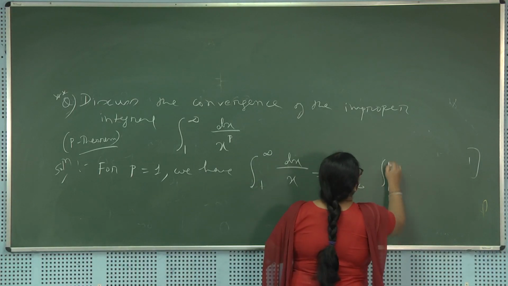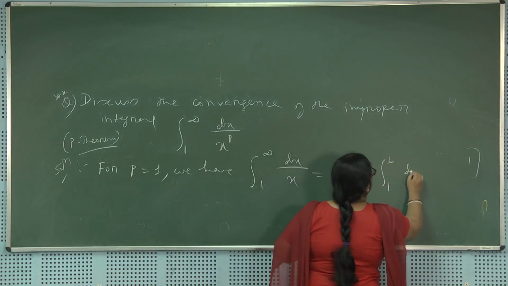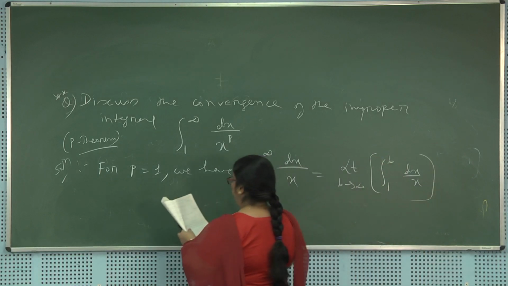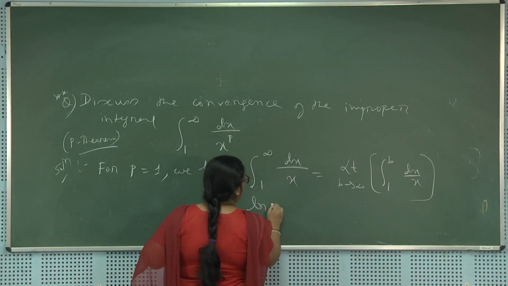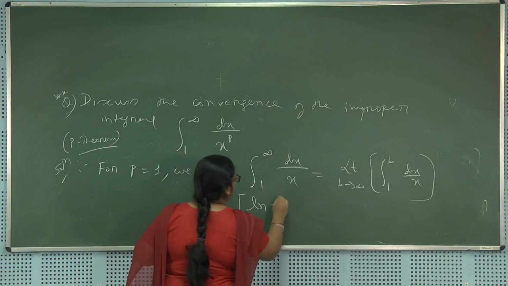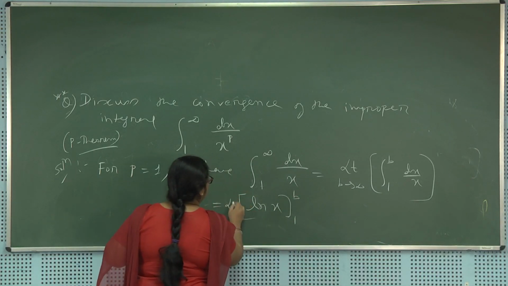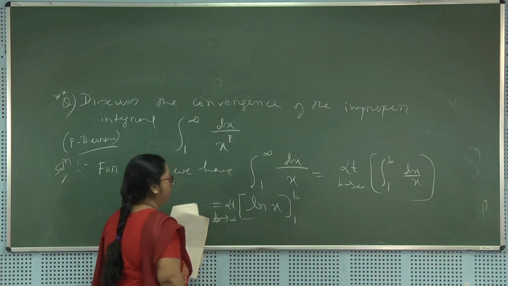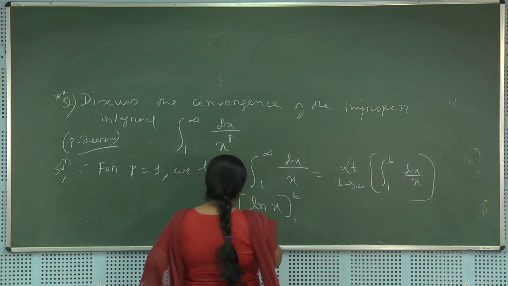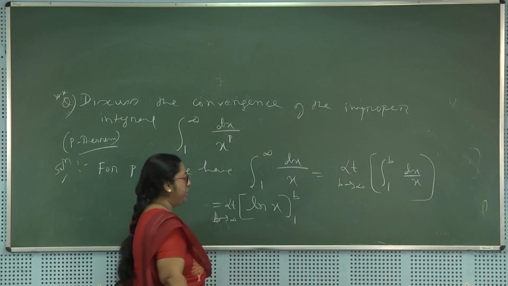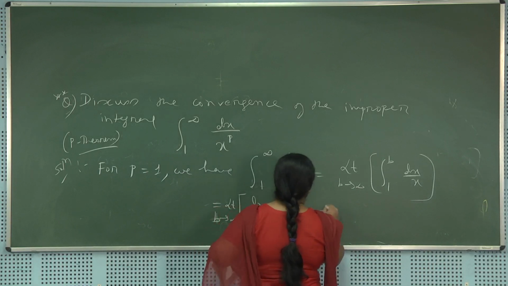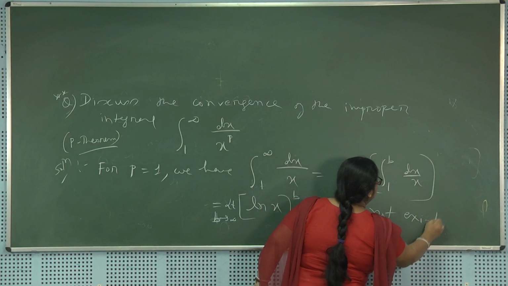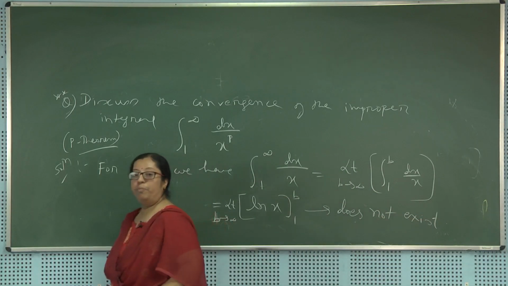So, it is the integral from 1 to b of dx upon x, and dx upon x is log x, from 1 to b, limit b tends to infinity. Now again you understand, because log of b is infinite, the limit does not exist, and because this limit does not exist, the integral is divergent for p equal to 1.